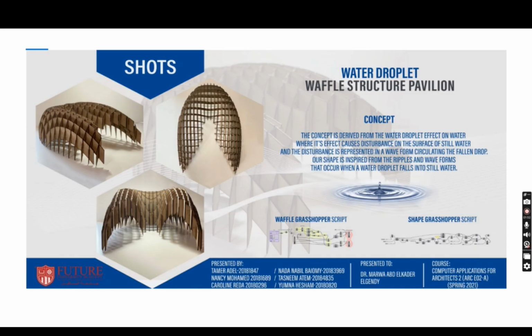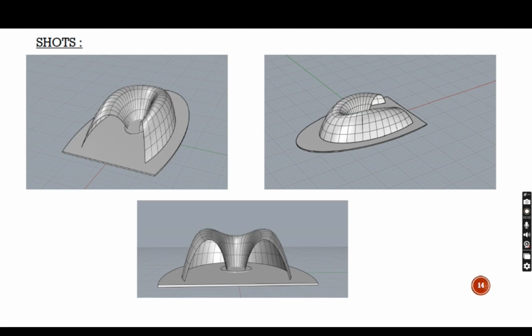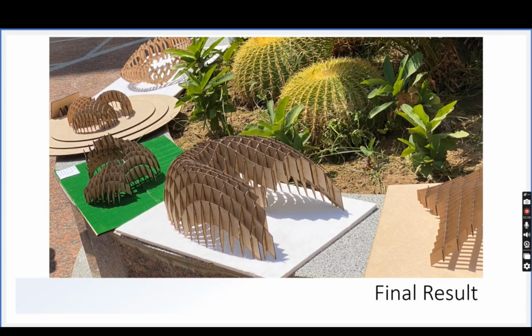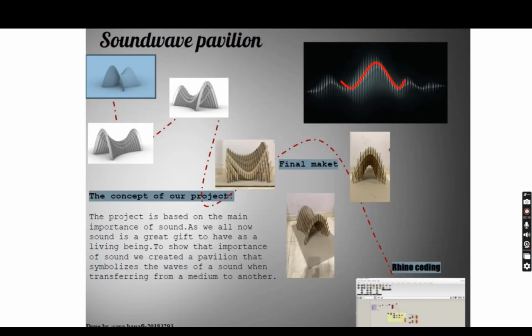This shell, like a water drop, expresses the movement of water, and how to produce it using Rhino, or you can also use Grasshopper for generating the form. And then these are the final results. We'll choose one of these shells and apply it in the workshop.